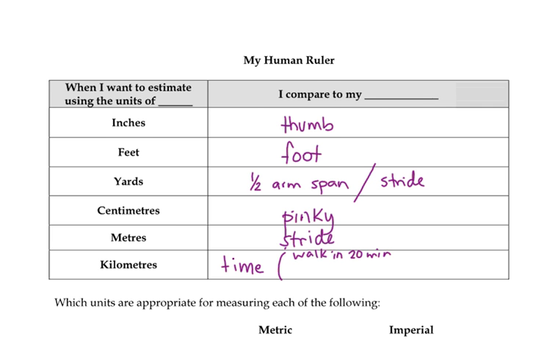It's probably less than a kilometer. Maybe we should say walk in 15 minutes. But if you want to estimate distance, we often use time. So if I had to drive 3 hours on the highway, how far approximately am I going to drive? 300 kilometers, right? We use time for large distances.